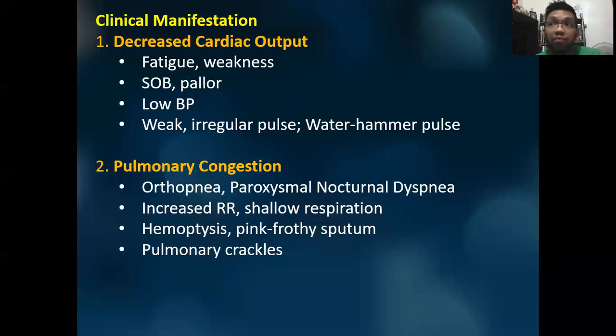The signs and symptoms are primarily pulmonary in origin. So signs and symptoms are coming from the lungs. The patient has dyspnea, frothy sputum, crackles, hemoptysis, and so on. These are all pulmonary manifestations indicative of left-sided heart failure, because the blood flows back to the lungs, causing pulmonary congestion.